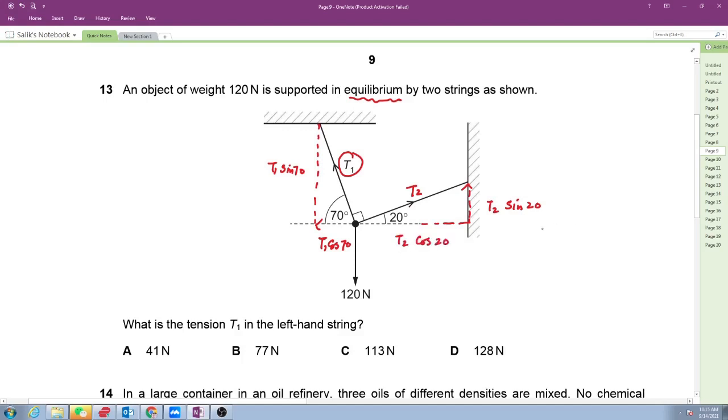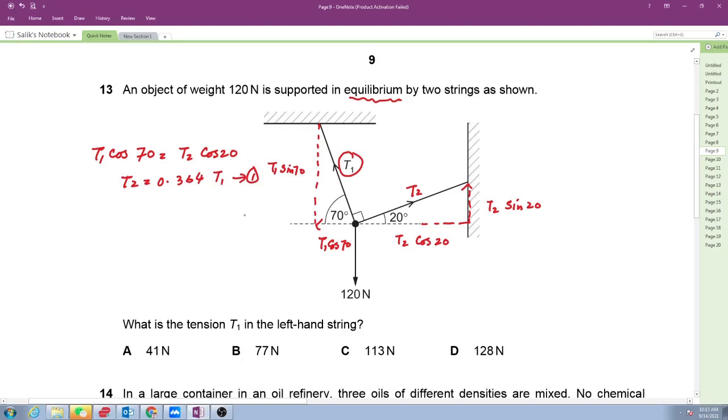For the horizontal components, as this is an equilibrium, for the x-axis T1 cosine 70 is equal to T2 cosine 20. After simplifying, we get T2 equals 0.364 times T1. This is my equation 1.